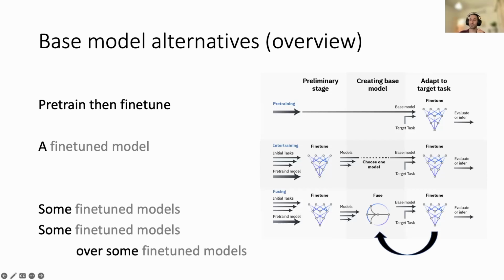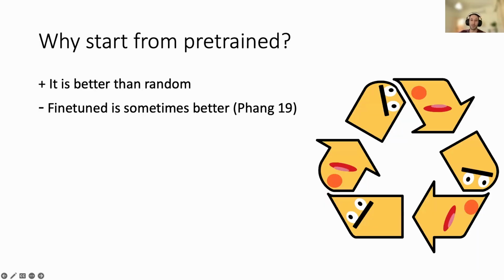Could we, instead of taking a pretrained model, and instead of taking one fine-tuned model or several fine-tuned models, take a pretrained model, let people use it, and when they share enough models, fuse them into one, and this one would be better, so people would fine-tune on it, use it, and make a better one, and then we go back into an evolving paradigm like we have in code and like we have in Wikipedia, where people edit and improve and so on. So that would be the vision.